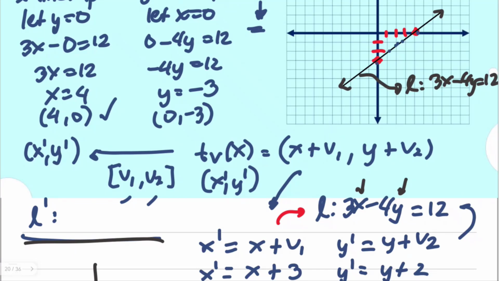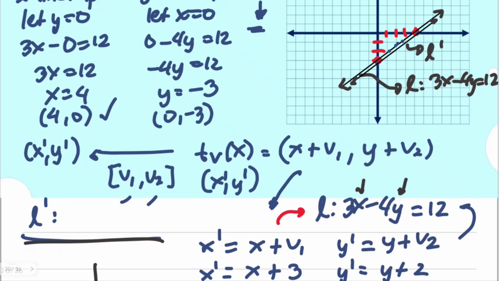If we connect that, it's very close to our graph, but it would be like this. Let me graph it first. Somewhere here, very, very close. As mentioned, it was being pushed in this direction following our vector. So we can see that they are actually parallel, and this is the translated line.